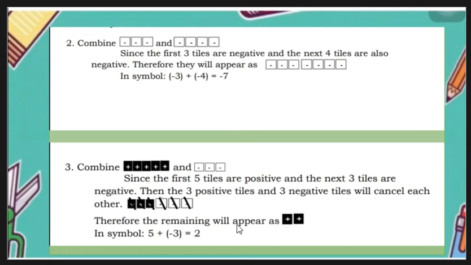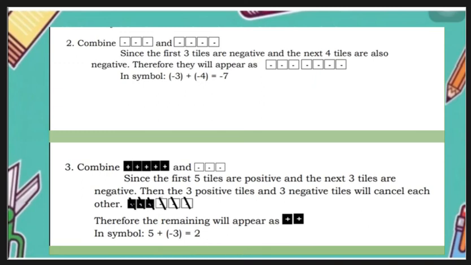Therefore, the remaining will be positive. Cancel the 3 positives and the 3 negatives, and the remaining is 2. In symbol, 5 plus negative 3 is equal to 2.